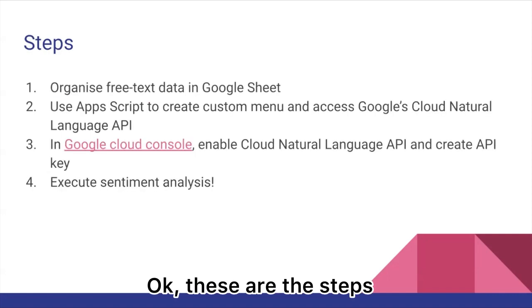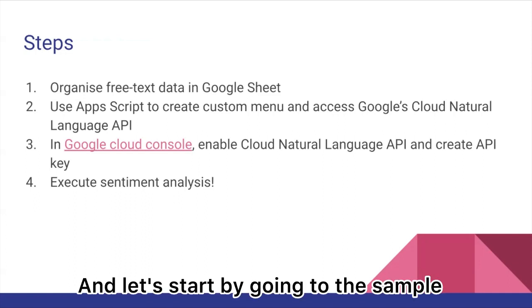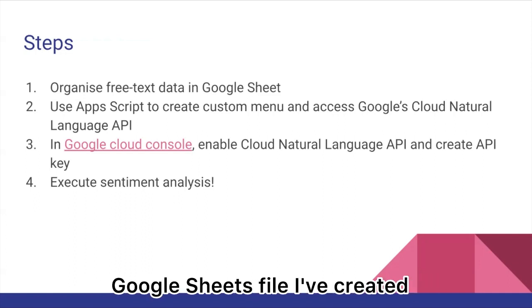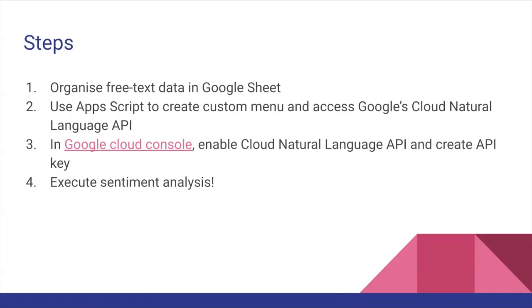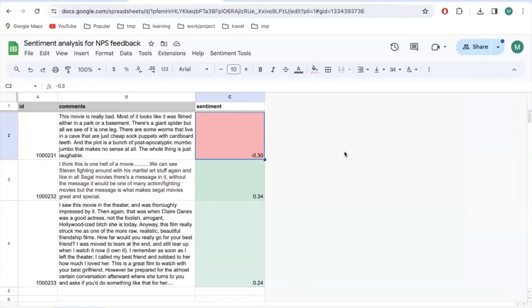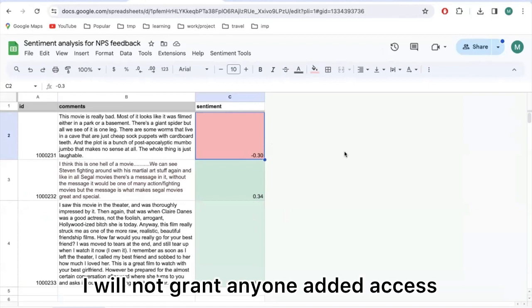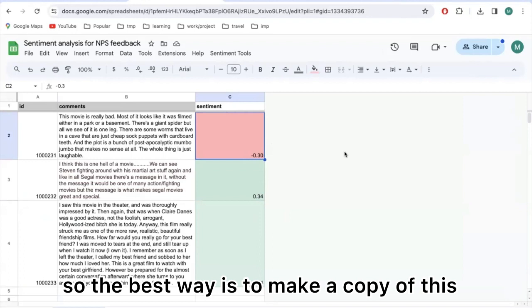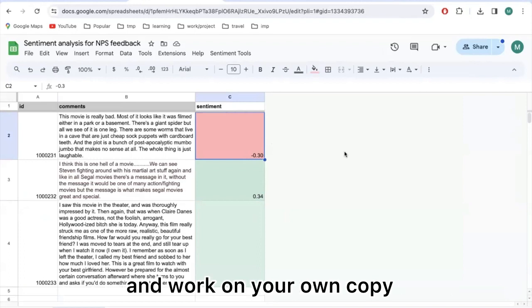Okay, these are the steps. Let's start by going to the sample Google Sheets file I've created and shared in the description. To avoid accidental modification, I will not grant anyone edit access. So the best way is to make a copy of this and work on your own copy.